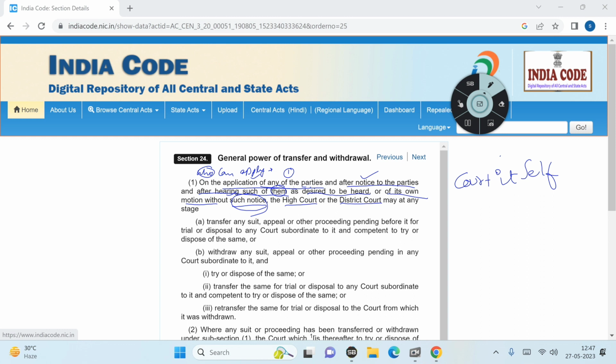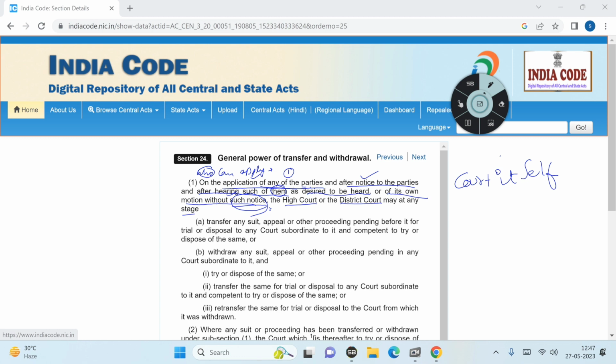The High Court or the District Court, at any stage. The original section language is like this, without such notice, normally without hearing the other parties, even on the application of any of the parties and other situations also; this cannot proceed in normal situations.